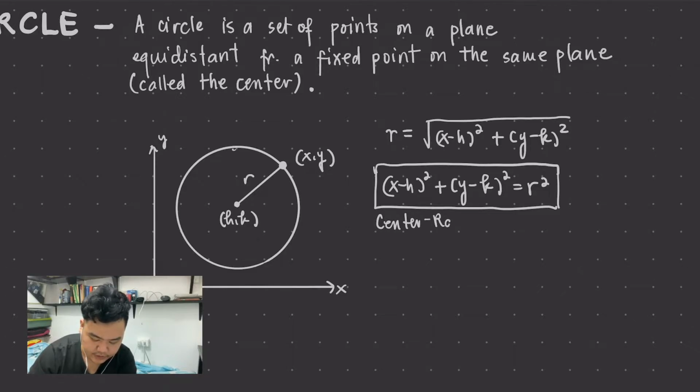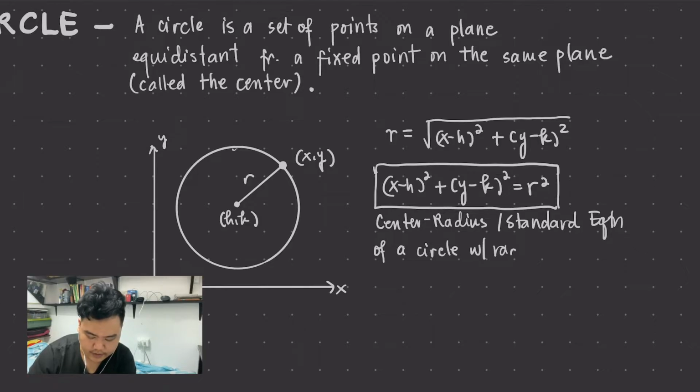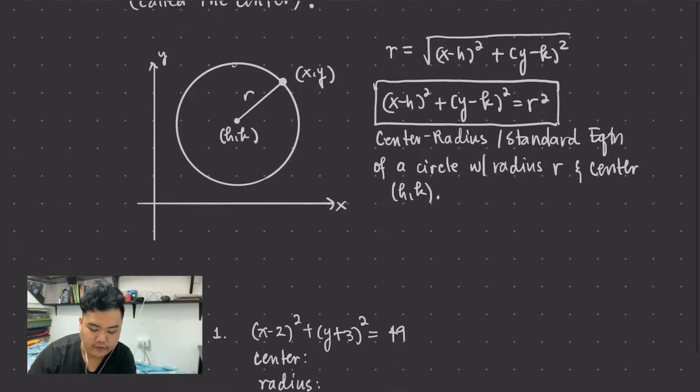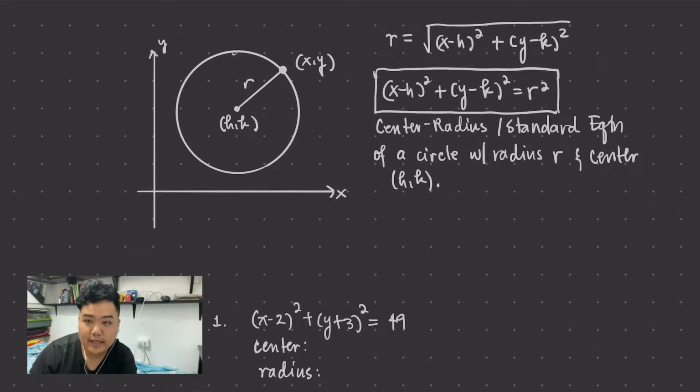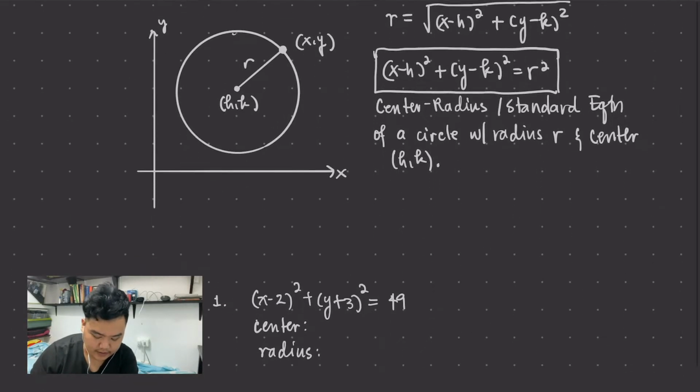Center-radius or standard equation of a circle with radius r and center (h, k). So you only need two things to get the equation of a circle: the radius and the center.